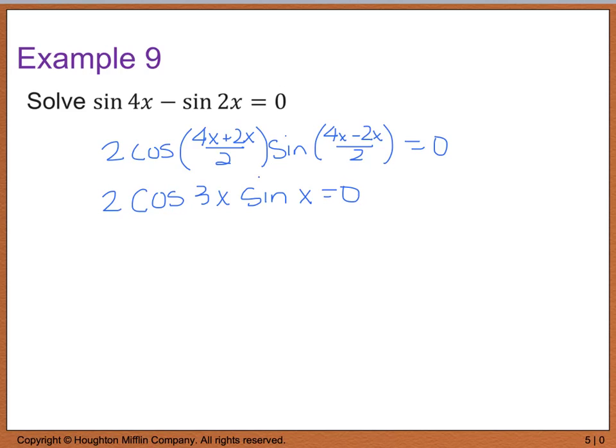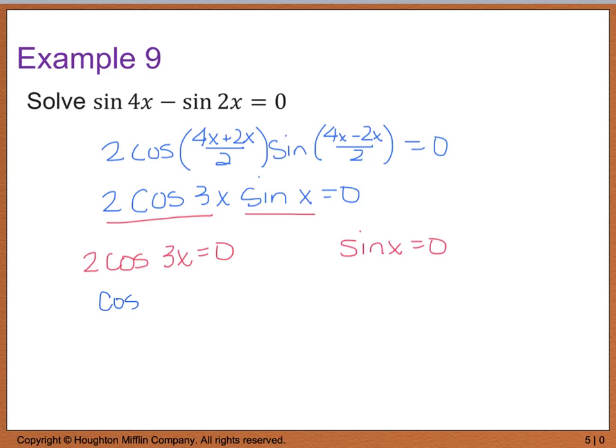Well, I have two factors. I essentially have this here and this here. So if I go 2 cosine of 3x equals 0 and the sine of x equals 0, I can solve. So this here gives me the cosine of 3x equals 0.